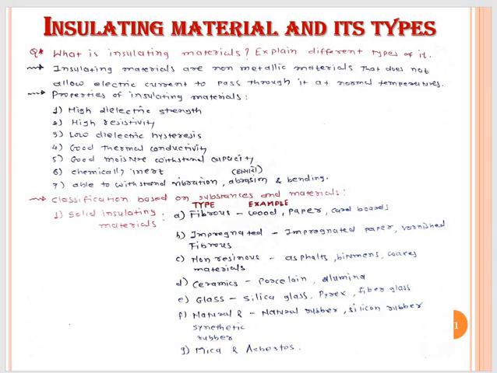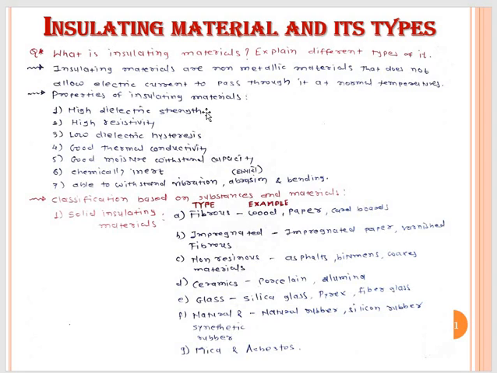So the definition of an insulating material is that they are non-metallic materials that do not allow the electric current to pass through them at normal temperatures.